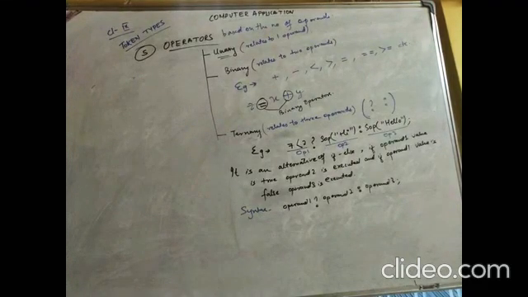The syntax is very important, this comes in the exam. So this is the syntax and the definition of how it works. This covers the types of operators based on the number of operands.